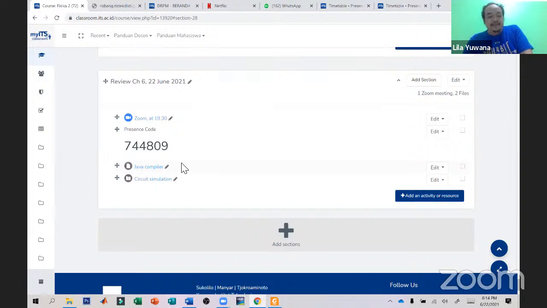After you have completely installed it, you also double click this file that you have downloaded before.